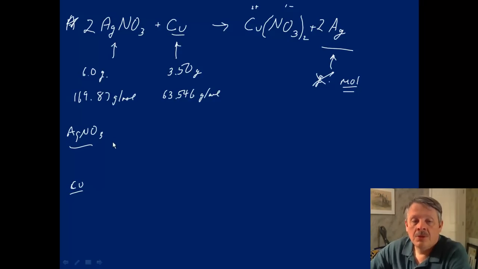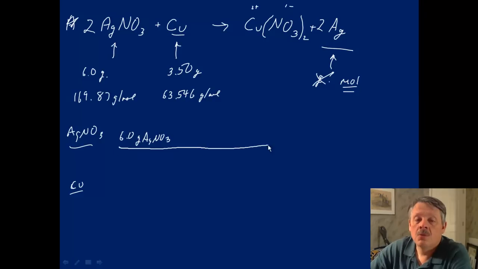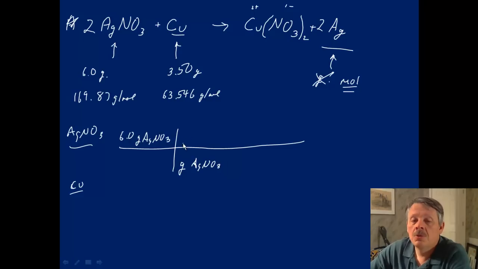All right, we're going to do this for silver nitrate, and we're going to do it for copper. We start out with 6.0 grams of silver nitrate. Now we have to get rid of grams of silver nitrate, so we go to moles of silver nitrate. And we want to get rid of moles of silver nitrate, and we notice that we are trying to get to moles of silver.